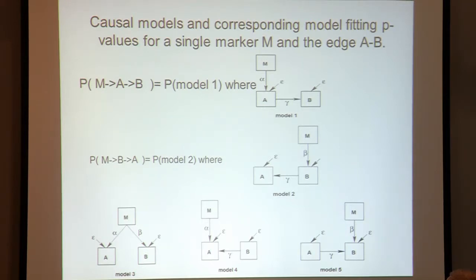So to give you a few more details, remember I had these 5 causal scenarios involving one single marker. And what I omitted earlier is there are certain parameter values. For example, when you have a causal edge from M to A, there's a coefficient, a path coefficient, alpha. And also, there are certain variables that model noise.